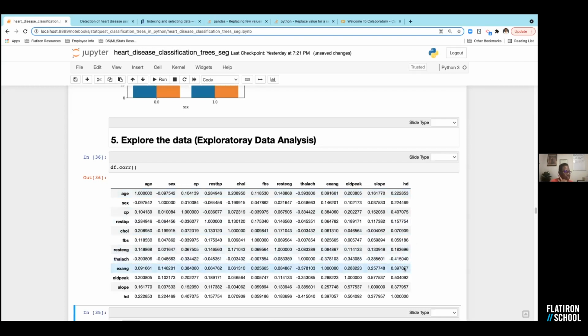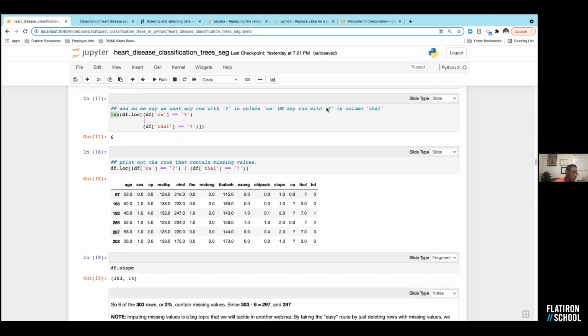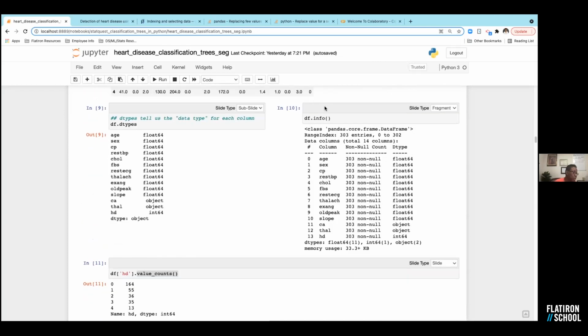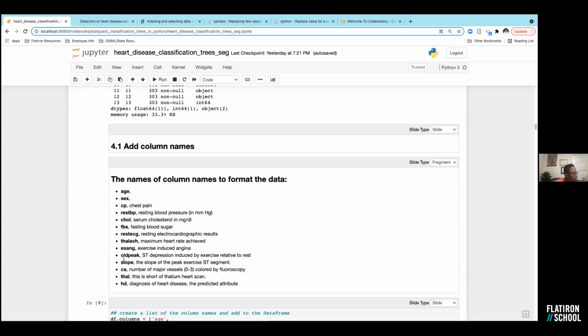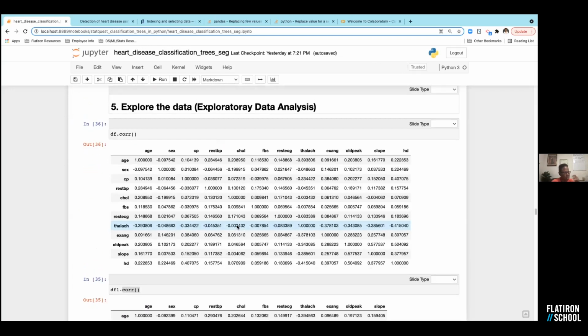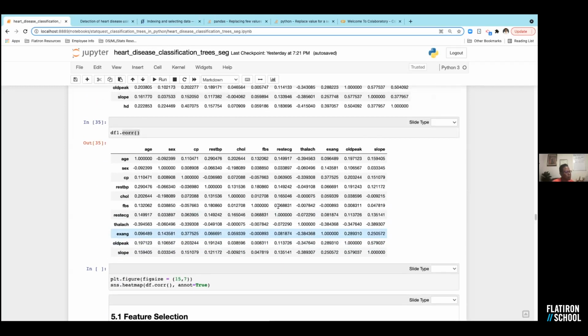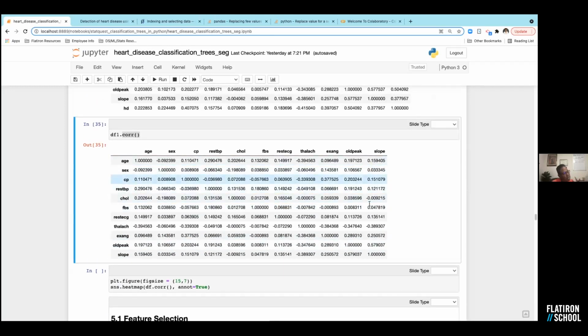In fact, in this data set, I thought that the negative one was the strongest, but it's not. So we see Thalach, which I am not sure what that meant again. So if we go back to our data, it's maximum heart rate achieved. Okay, so I guess under some kind of stress or activity, it's the highest heart rate that the person gets to, right?